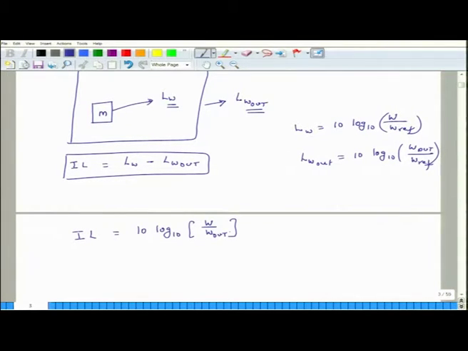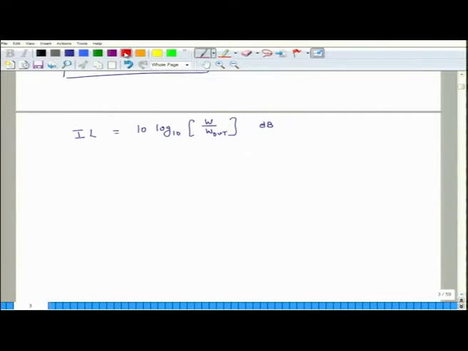Here W is the acoustical watts coming out of the machine, and W out is the acoustical watts coming out of the enclosure. If there is no enclosure, then W out and W will be same. So, then insertion loss will be 0, but if we have the best possible, a very good enclosure, then W out will be very small compared to W, and IL will be high. So, this unit is again in decibels. Okay. So, let us say this is our first relation.